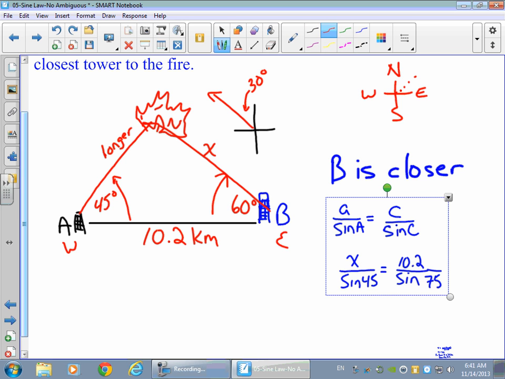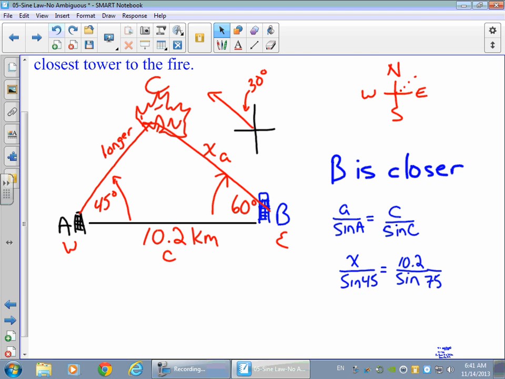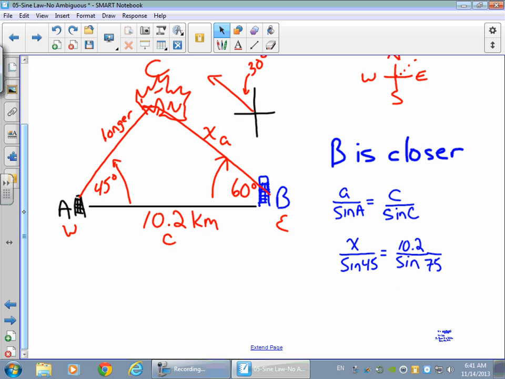Now, recognizing that I have angle A down here, then without thinking too much about it, side A is over here. Since I have B already drawn in, then I'll consider this to be angle C and consider this to be side C. And so I've got a over sine A equals c over sine C. Plugging in some numbers, x over sine of 45 is 10.2 over sine of 75.